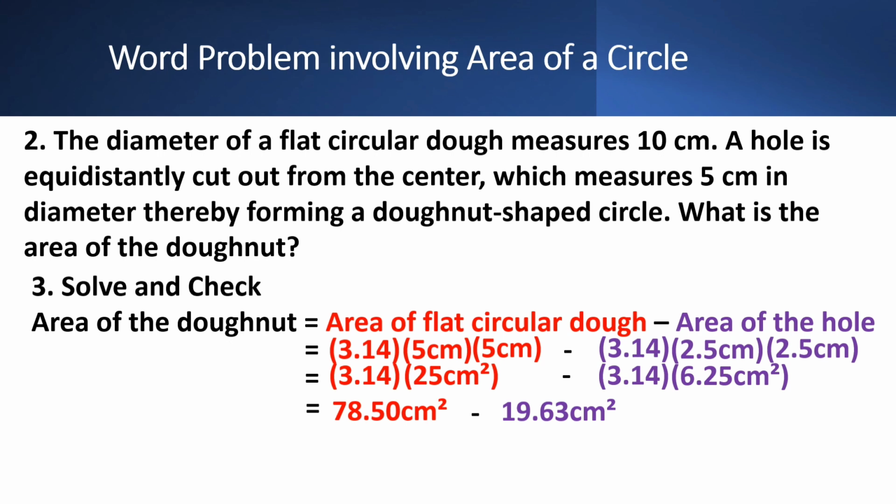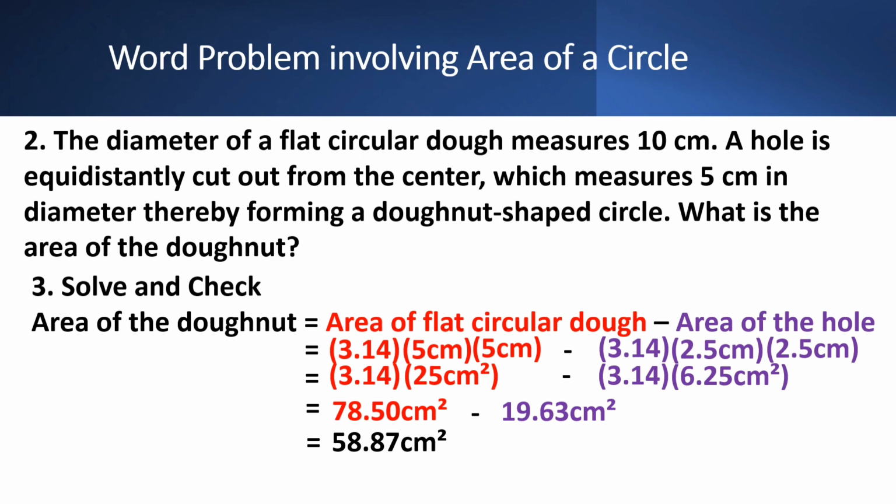So, dahil nakuha na natin yung dalawang area, so, pwede na tayong mag-subtract. So, 78.50 cm squared minus 19.63 cm squared. The answer is, mag-minus lang tayo. Yes, 58.87 cm squared. So, again, huwag kalimutan yung unit of measure ha. Kailangan squared.